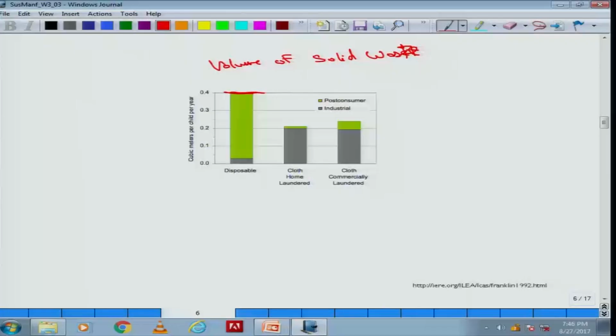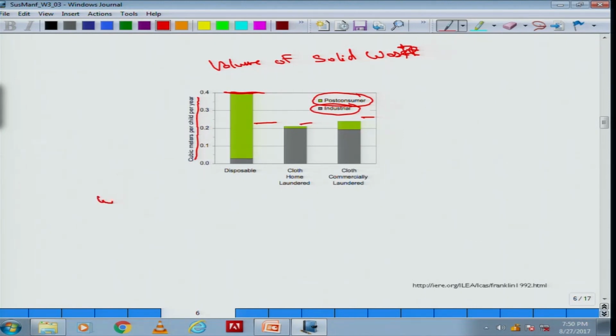So, that was considered here. So, cubic meters per child per year, this much volume for disposable diapers, and for cloth and home laundered diapers it was less, right. Now, this is industrial weight and this is post consumer weight. So, it can be seen that the solid waste produced by the disposable diapers is about 2 times that of the cloth diapers here.